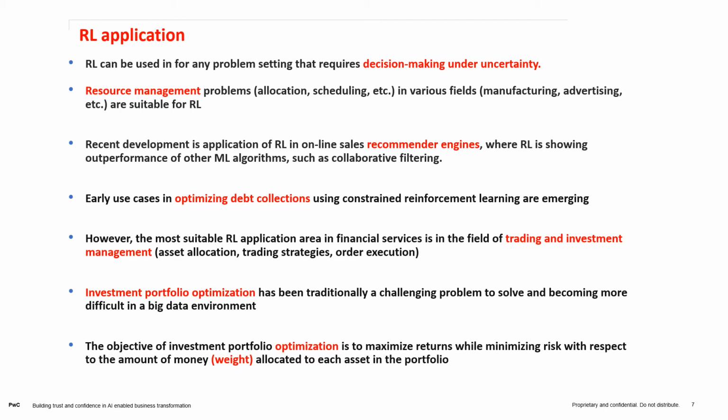So the key decision in that environment is one of investment portfolio optimization, which has become really challenging. Now, the objective of investment portfolio optimization is to maximize returns while minimizing risk, and that's done by finding the so-called optimum weights or optimum portfolio allocation of assets to achieve that objective. And we'll look at the techniques for doing so in a bit more detail in the next slide.